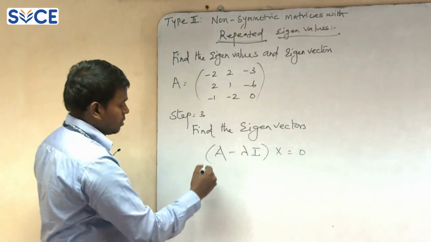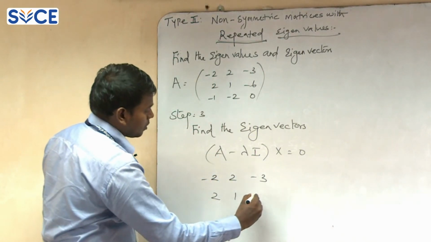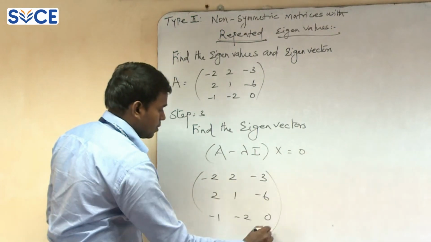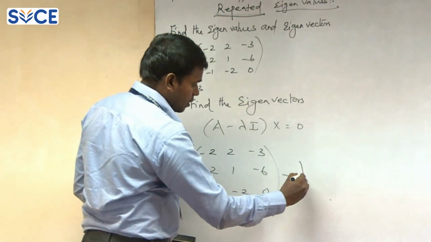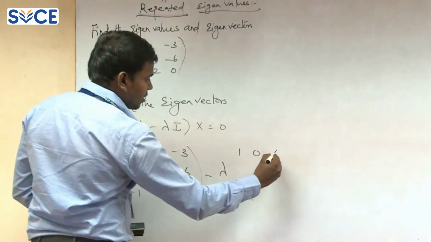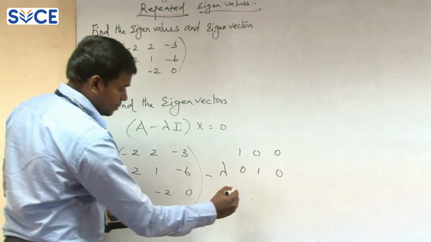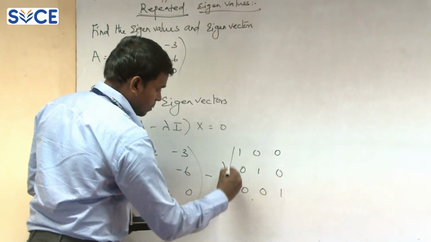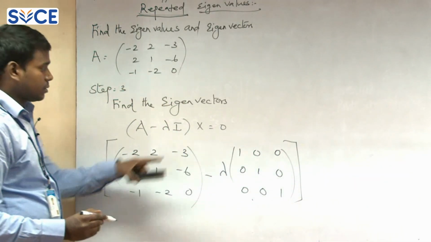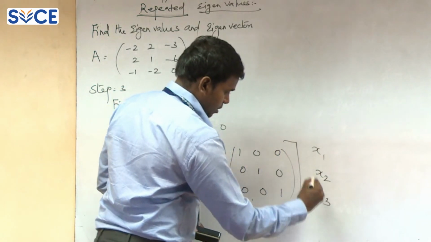So A is given: minus 2, 2, minus 3; 2, 1, minus 6; minus 1, minus 2, 0; minus lambda into I. I is the unit matrix, a 3 by 3 matrix: 1, 0, 0; 0, 1, 0; 0, 0, 1, into x. So the variables are x1, x2, x3.